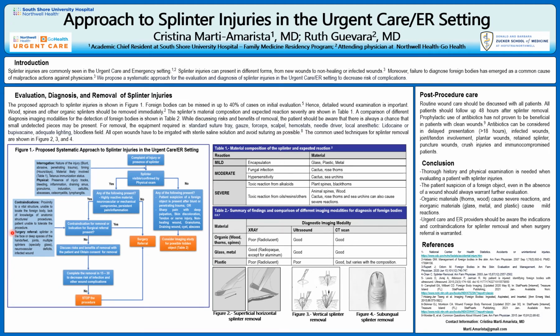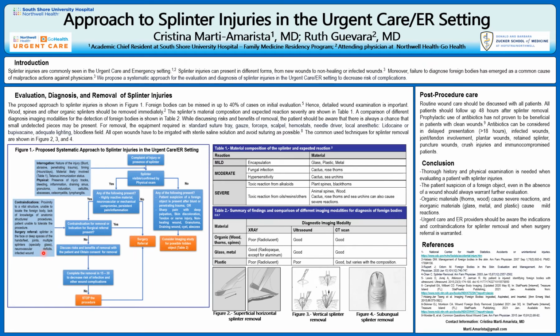What are the indications for surgical referral? A splinter in the face or deep spaces of the hand and feet or joints, if there are multiple splinters, and if there is any neurovascular deficit or an infected wound. If any of these are present, don't do the removal; refer the patient for surgical evaluation.